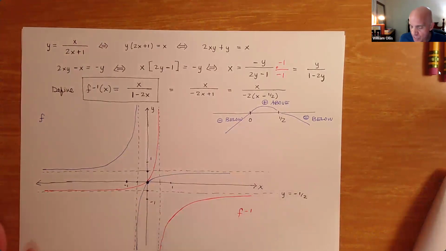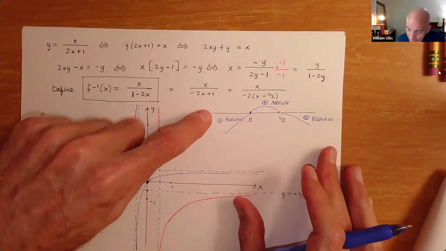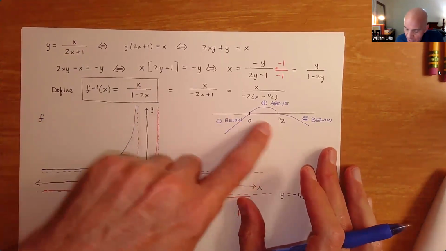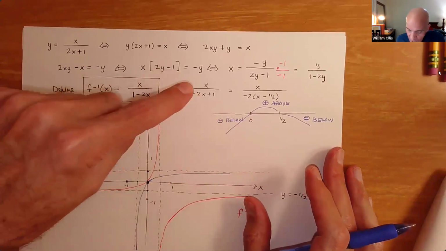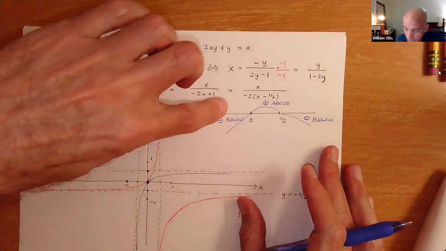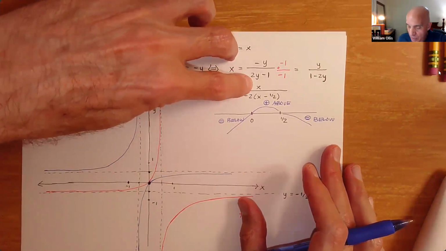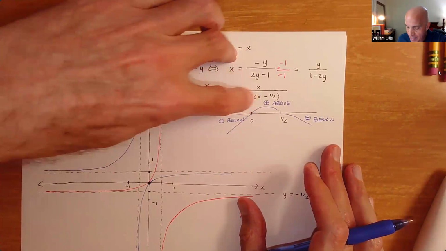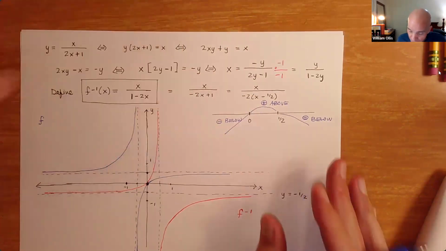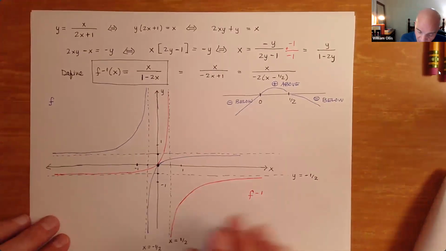And I'll just say this, it's kind of important when you think about it. For instance, say you looked at this particular situation here. Notice if we take like negative 5,000, so that's negative, that's negative, that's negative.